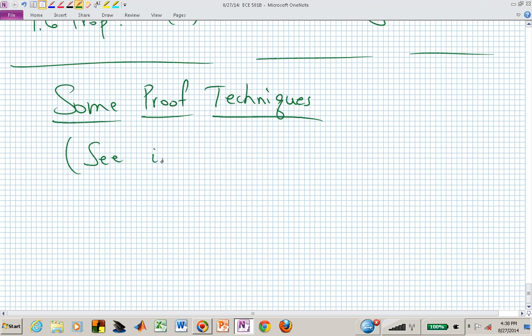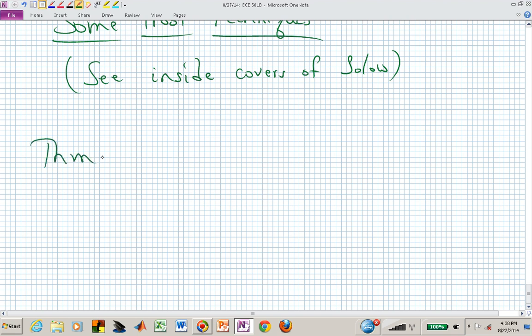So here, just to give you the overview, you can see the inside covers of the optional textbook by Solo. In general, with these proof techniques, let's say you want to prove some theorem, you're starting with a statement, you're doing some analysis or some logic, and that should then yield another statement.